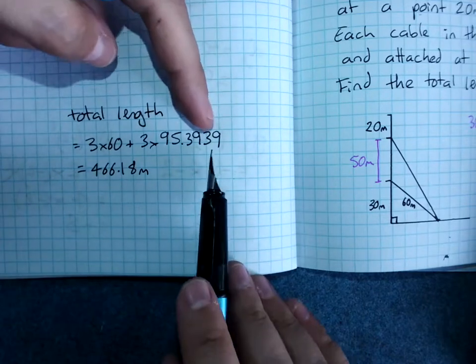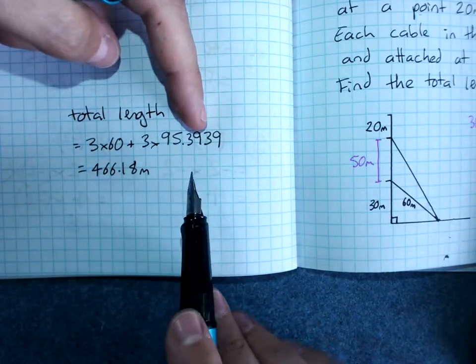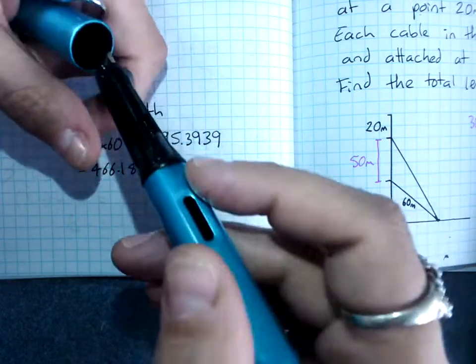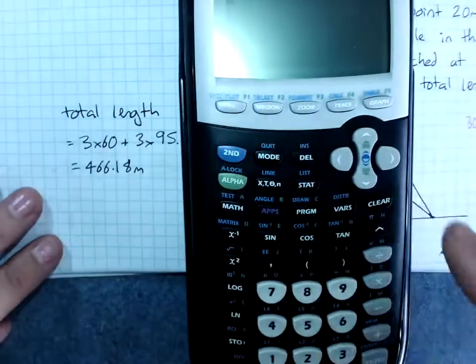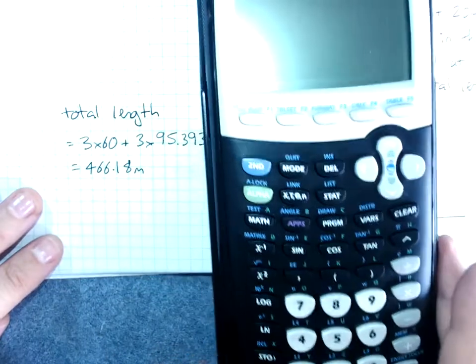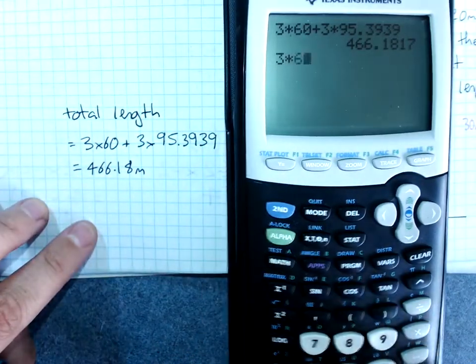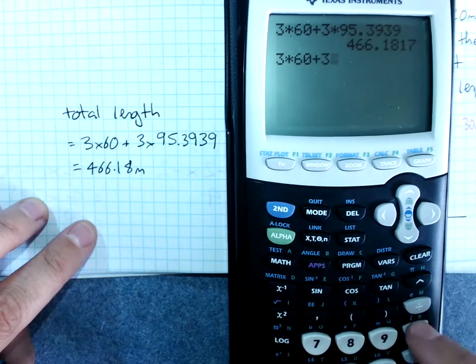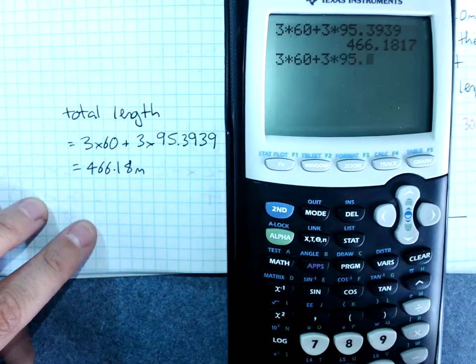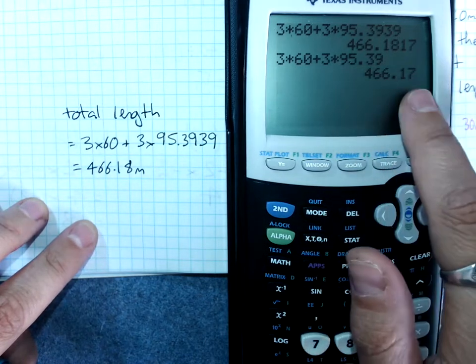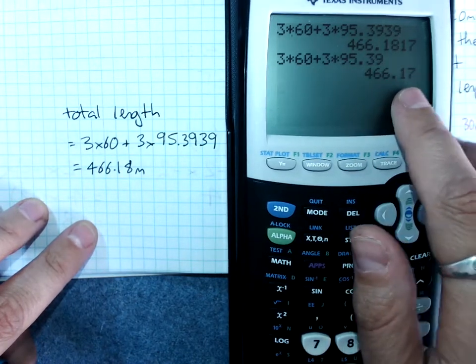Just have a look at what would have happened if I'd rounded here. We've answered the question, we've got it right. But if I'd done 3 times 60 plus 3 times 95.39, 466.17.